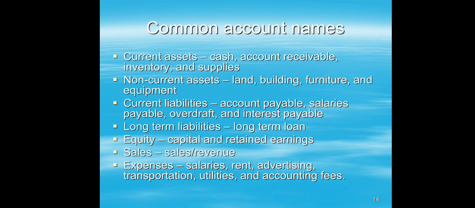Transportation, utilities, and accounting fees. Utilities are things like water. You have to pay water, electricity, telephone, internet, every month. In accounting, everything like that you have to record in an account called utilities expense account. And then remember this, if you have a business, maybe you hire somebody to make accounting records for your business.